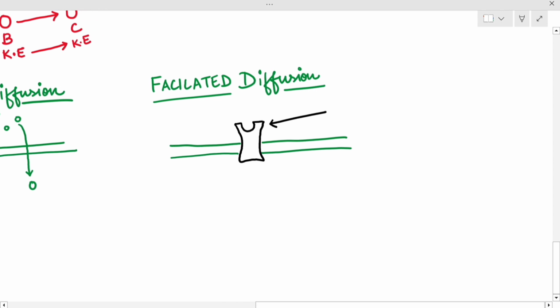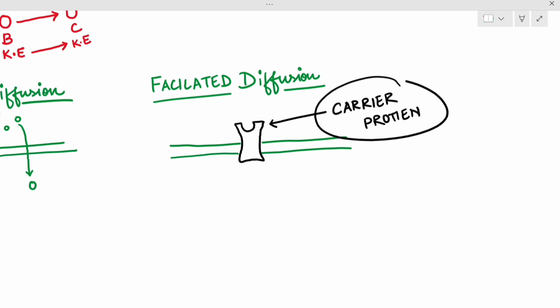This protein is known as a carrier protein. Right? Now suppose there is a molecule in the extracellular compartment. Now this molecule needs to be transferred into the intracellular compartment. But how? In the facilitated diffusion. Okay.